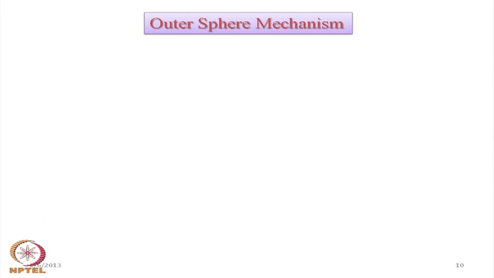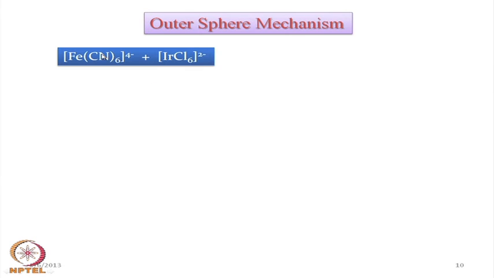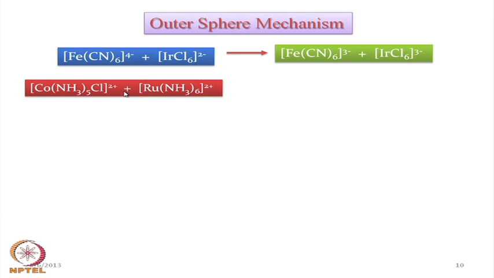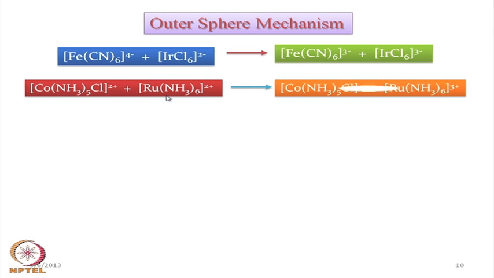So, this gives us some idea of how this can be useful for the outer sphere mechanism. If we see that two species are involved in a particular outer sphere reaction, they can go for the corresponding electron transfer. One is getting oxidized and the other is getting reduced. Similarly, the cobalt center and the ruthenium center can transfer an electron between the two.